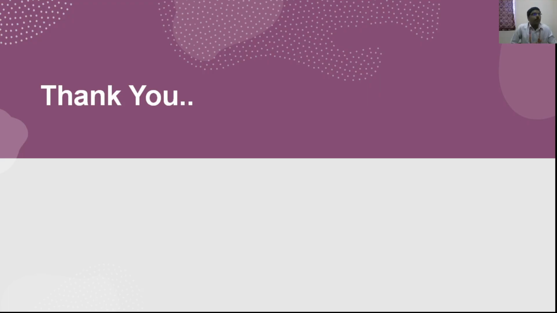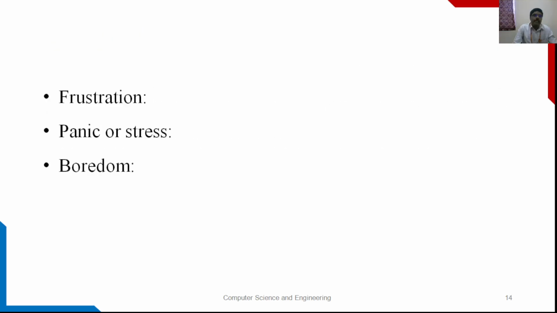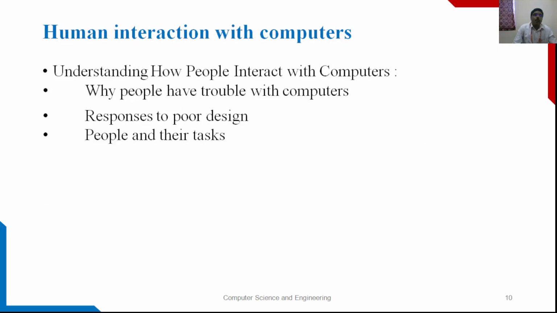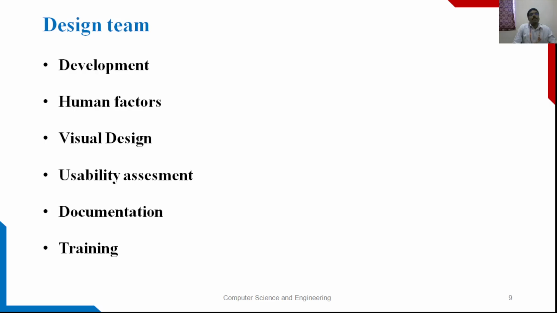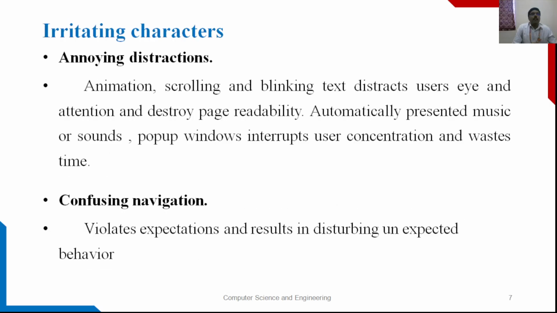In this video we learned what is meant by the design process, human interaction with computers, the importance of human characteristics, human interaction speed, understanding of the business, and how the design team develops human-computer interaction. Next class we will discuss the screen design video.